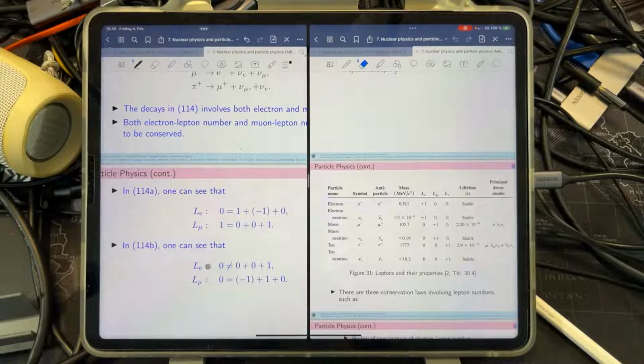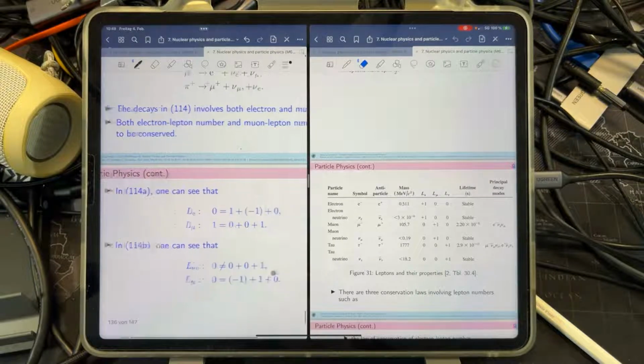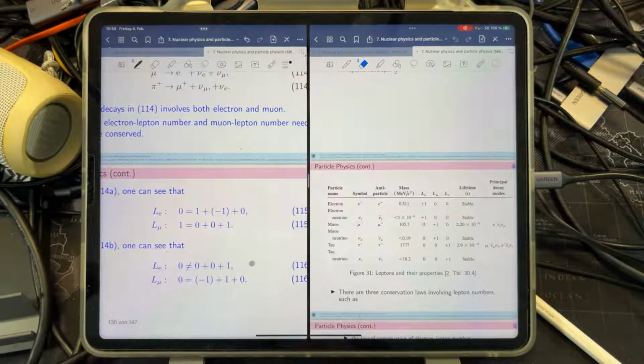But together with the electron lepton number, the whole process here would not occur in nature, because there is no conservation for the electron lepton number. And this is the technique we could use to judge whether any reaction will take place in nature or not.